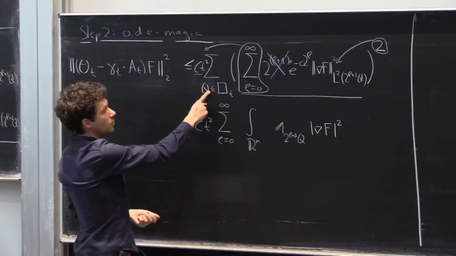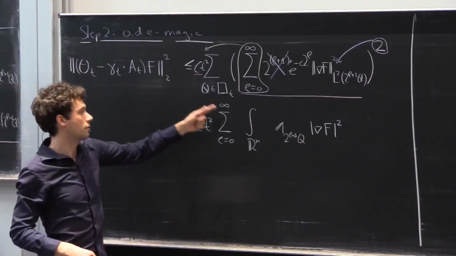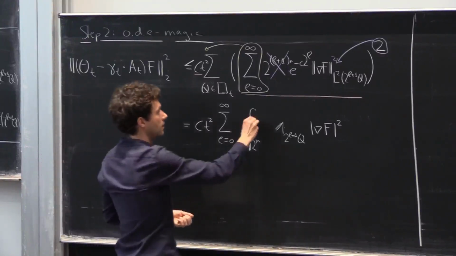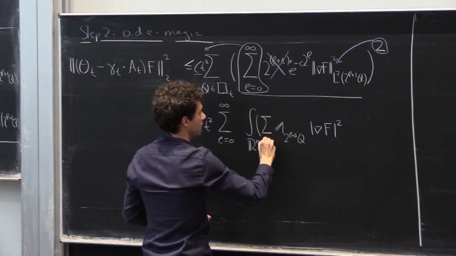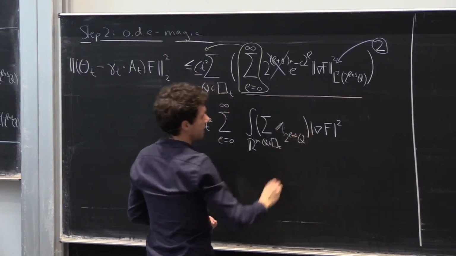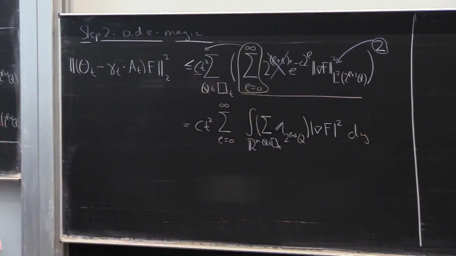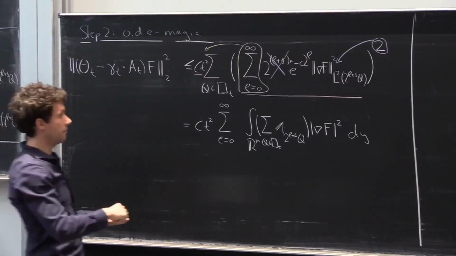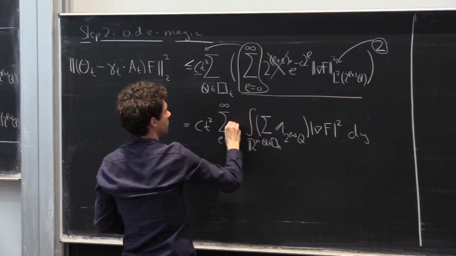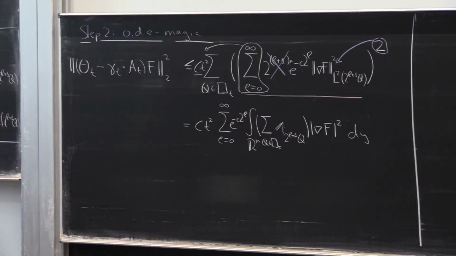And then I have the sum over all q. I can use monotone convergence and throw the sum over q inside of the integral. So that gives me an integral over all these generation t cubes like this. And the only thing I forgot then is the exponential factor sitting there, and then the estimate is okay.